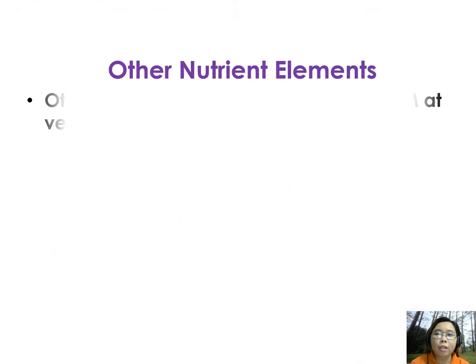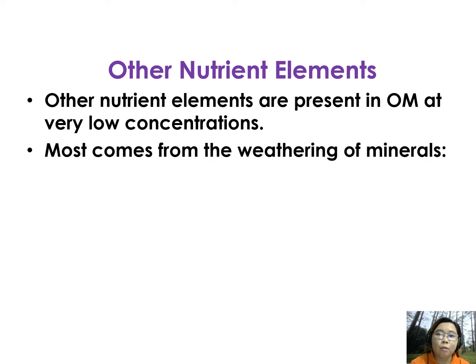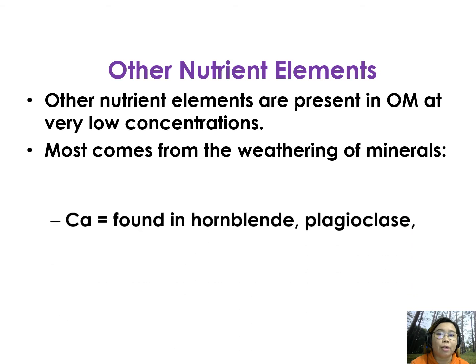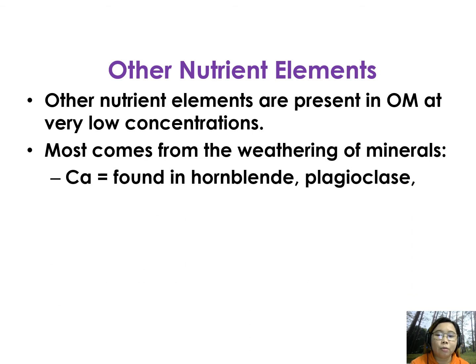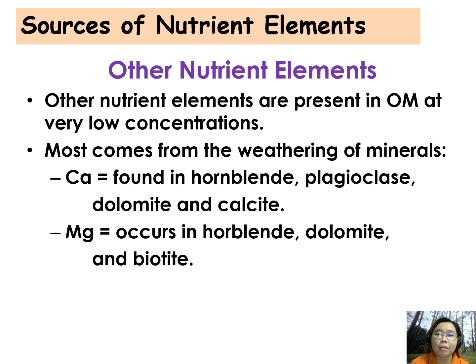There are other nutrient elements present in the organic matter at very low concentrations, and most come from the weathering of minerals, such as calcium. Calcium is found in hornblende and plagioclase, dolomite, and calcite. For magnesium, magnesium occurs in hornblende and dolomite and biotite.